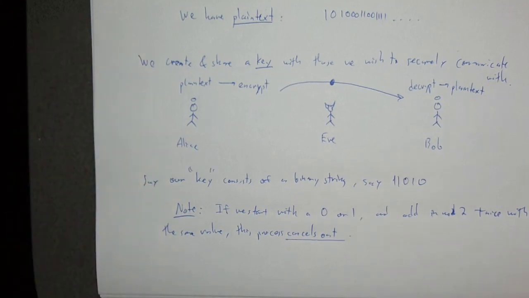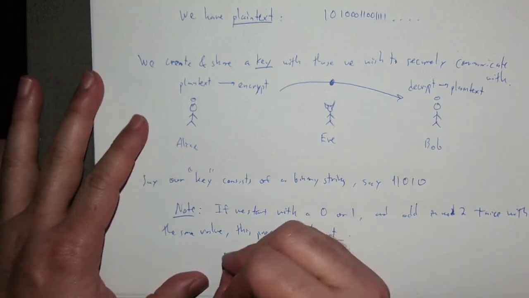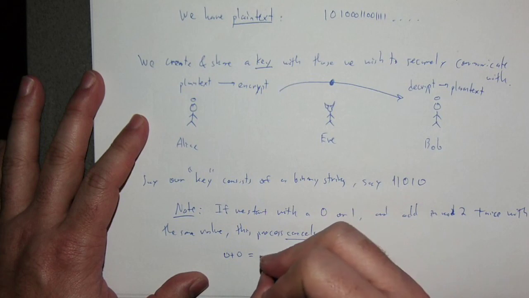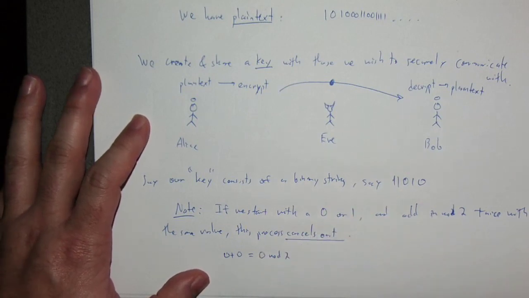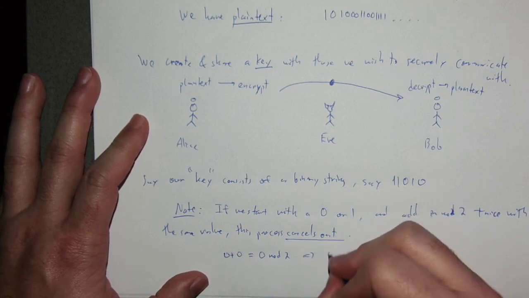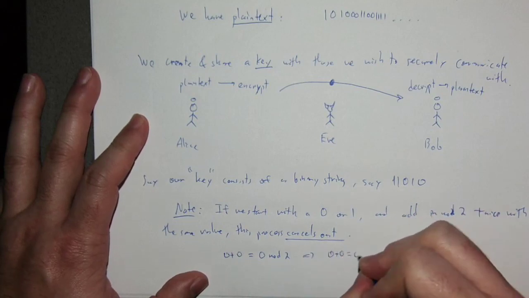What do I mean by that? So 0 plus 0 is equal to 0 mod 2. Okay. Well, then 0 plus 0 is equal to 0 mod 2.